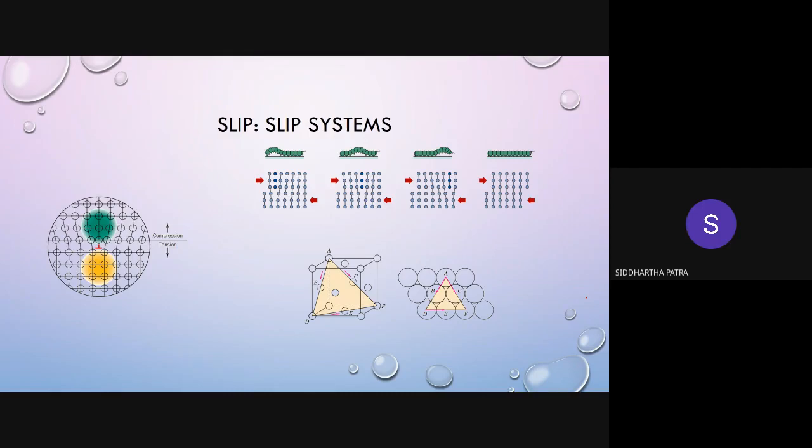So the top half is under compressive load and the bottom half is under tensile load, and that could be the driving force for the movement of the atoms.